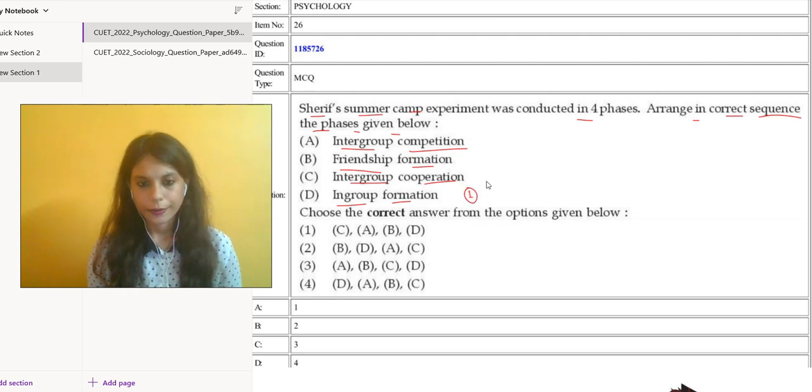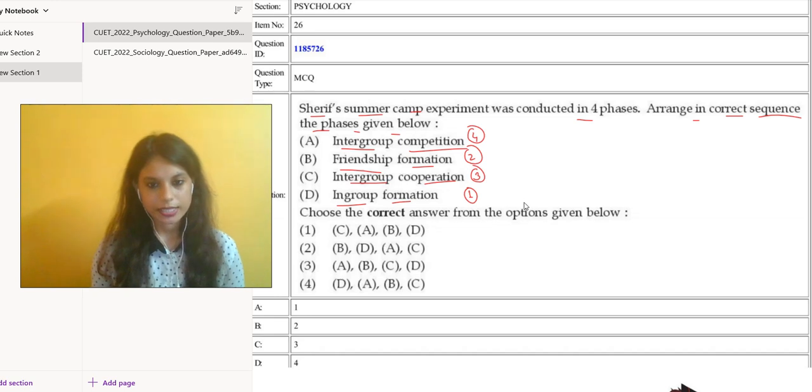Then after in-group formation, friendship formation. Thirdly, intergroup cooperation. And then intergroup competition. So yes, this would be the correct sequence. Now moving over to the next question.